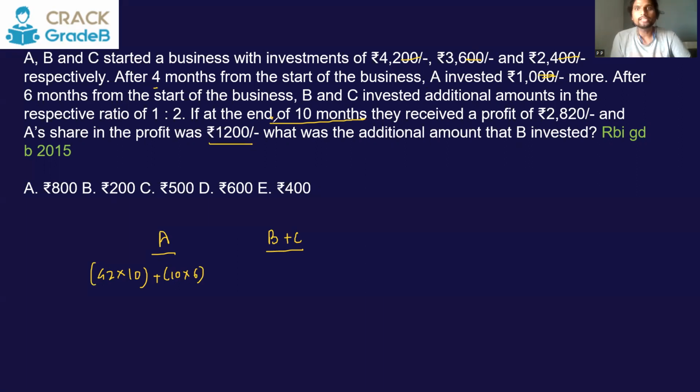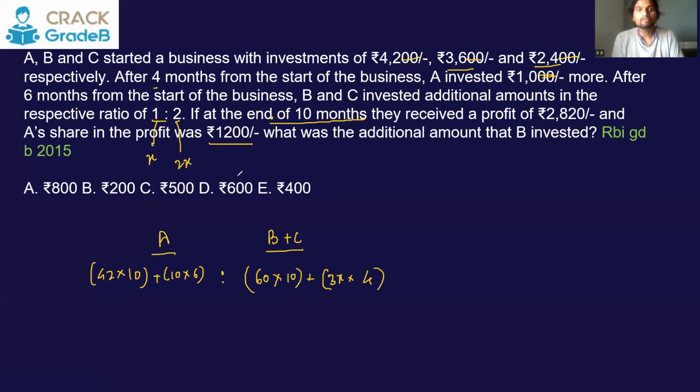B and C, they together invested 36 plus 24, 60. These 60 are there for 10 months. And after 6 months from the start of the business, that means for 4 months, they again invested in the ratio 1:2. So let's say if B invested X more, C is going to invest 2X more. That means they are going to invest 3X more. So those 3X rupees will be there for 4 months.